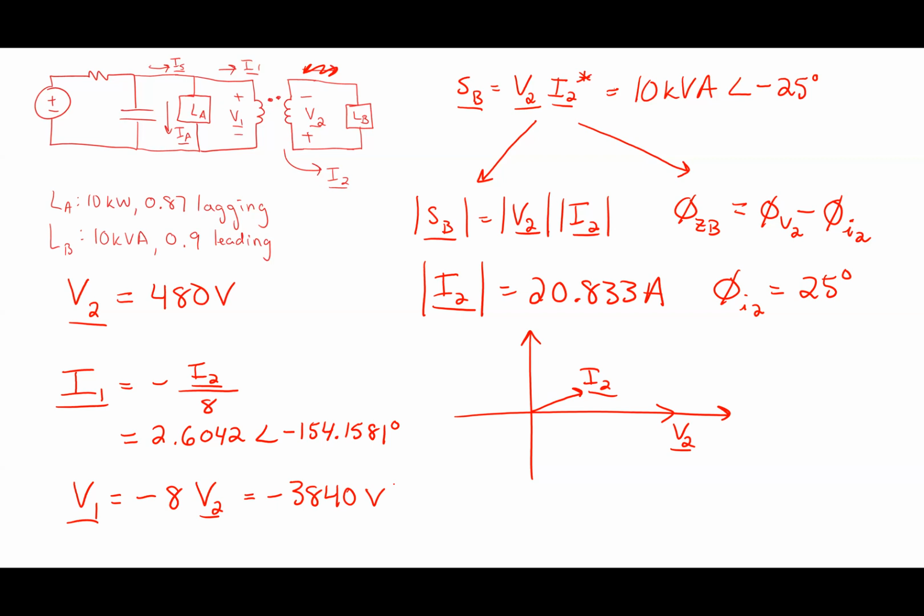What's the magnitude of that? What's the magnitude of this voltage? 3,840. Some of you, half of you probably will say -3,840. Are magnitudes ever negative? No. As a phasor, how do I write this thing? 3840 angle 180 or -180. Okay, you can do either way.